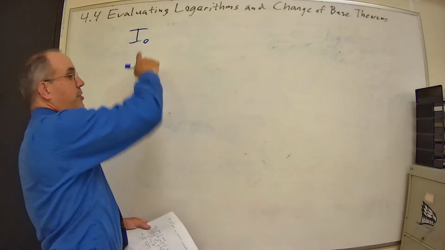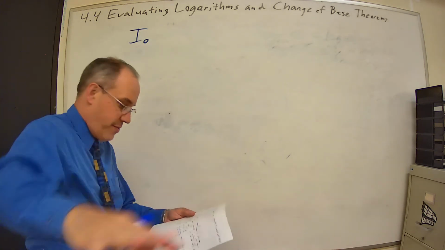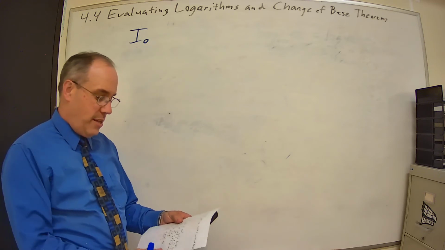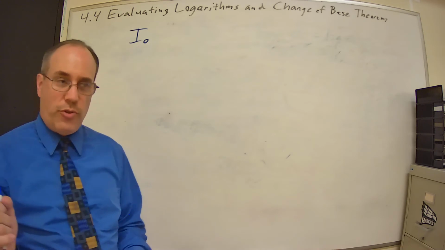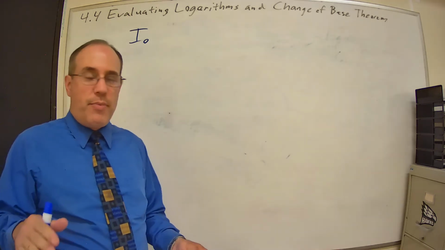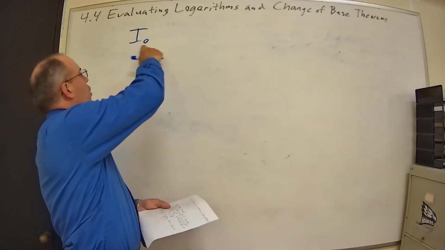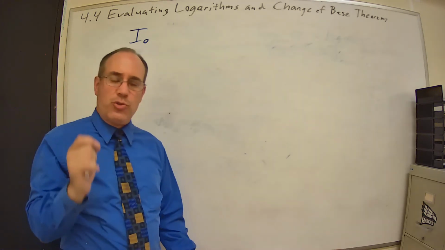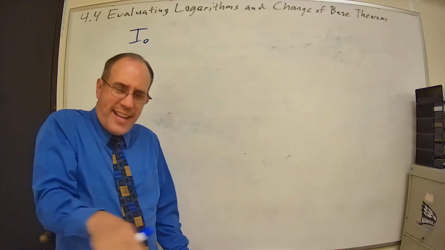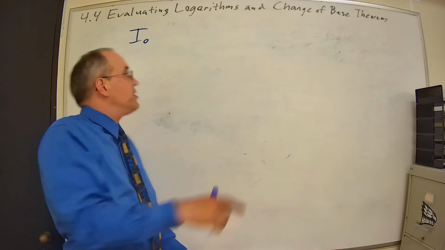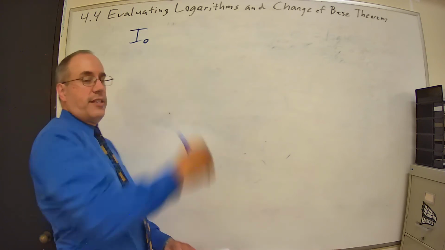And I sub 0 is the intensity of a very faint threshold sound. When I say faint, I mean basically that's what you can discern that there's actually a sound. So you're creating a threshold level. So this is the threshold intensity.